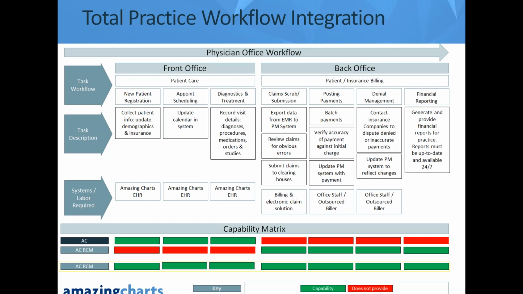You want to make sure you've got insurance information, correct demographics, etc. That patient needs to be scheduled, and then that patient needs to be seen, diagnosed, and treated. So those are all the front office or patient care functions that typically happen in the office, and those are managed through the EHR software, through Amazing Charts.